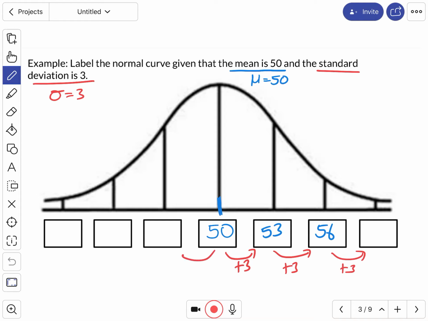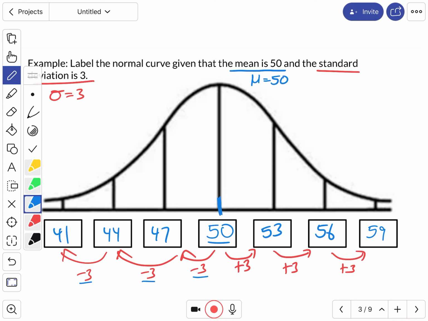To fill in the rest of these, we're going to go the opposite direction and subtract 3 now. If you have 50, which is the mean, and you take away 3, that's going to be 47. Then 47 take away 3 is 44, and 44 take away 3 is 41. So you have filled in all of these boxes here.